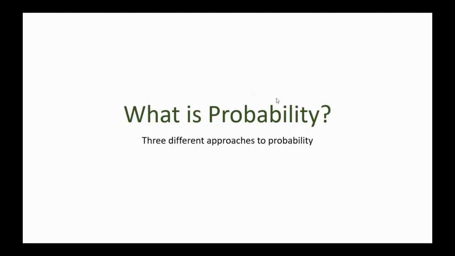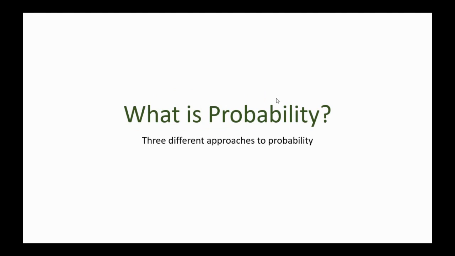6.2, we're going to look at the definition of probability. So what is probability? That's the question we're going to answer. There's actually 3 different approaches to it. We have theoretical, which is like, you have a coin, heads or tails, it's probability 1/2.